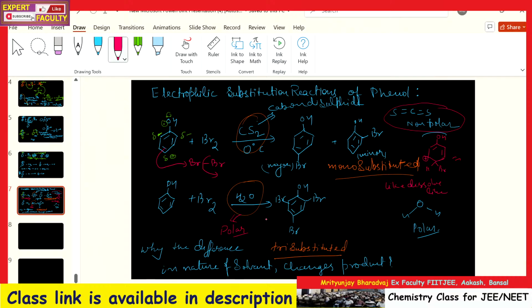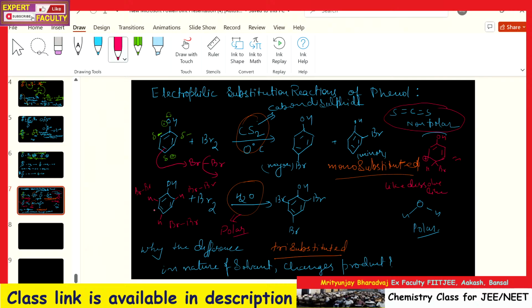And if the solvent is polar, then it will be stabilized better, and that results in more tendency of this kind of reaction. So like the hydrogen at ortho, para, the hydrogen at both ortho positions can also be substituted by similar substitution by reacting with bromine.